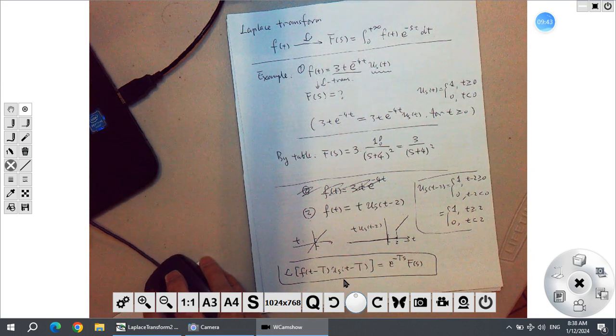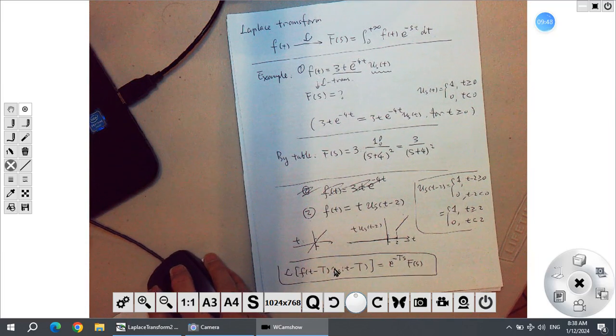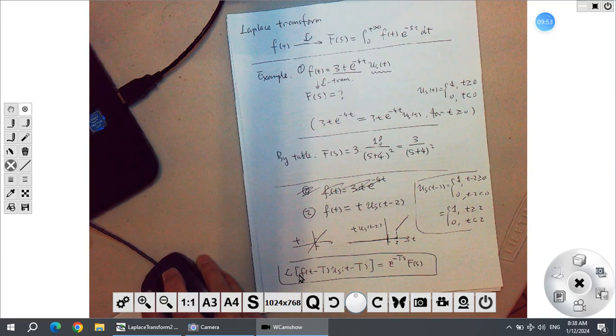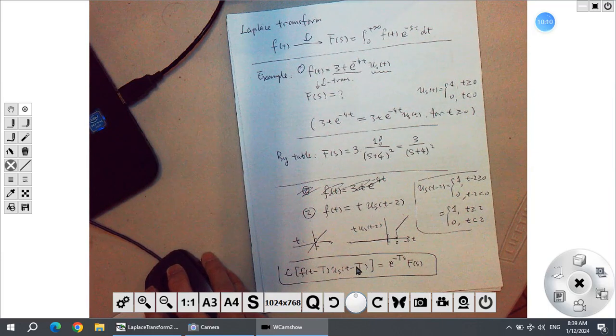Now compare the given function f of t with this property. In the formula, f is a general function, while here the given f is a fixed, special f that we study. In the formula, we have f of t minus capital T times u_s of t minus capital T, which equals e to the negative capital T s times F of s.